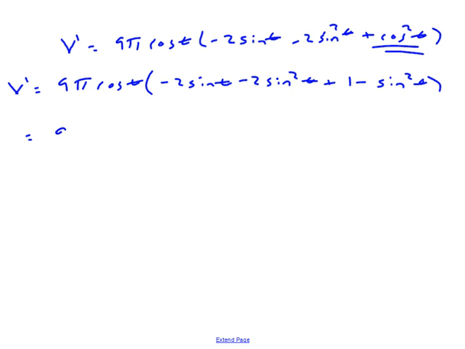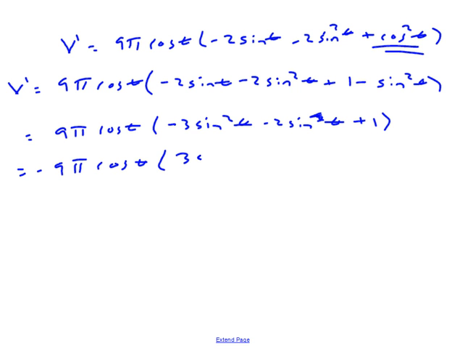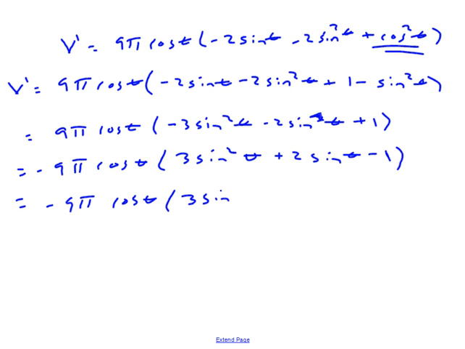So we get 9 pi cos theta times negative 3 sine squared theta minus 2 sine theta plus 1. Factor out a negative: negative 9 pi cos of theta times 3 sine squared theta plus 2 sine of theta minus 1. And then we get negative 9 pi cos of theta, 3 sine theta minus 1 times sine theta plus 1.